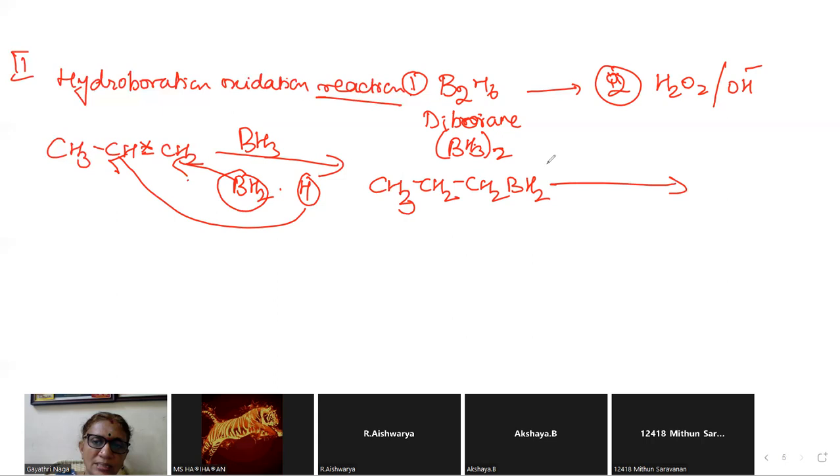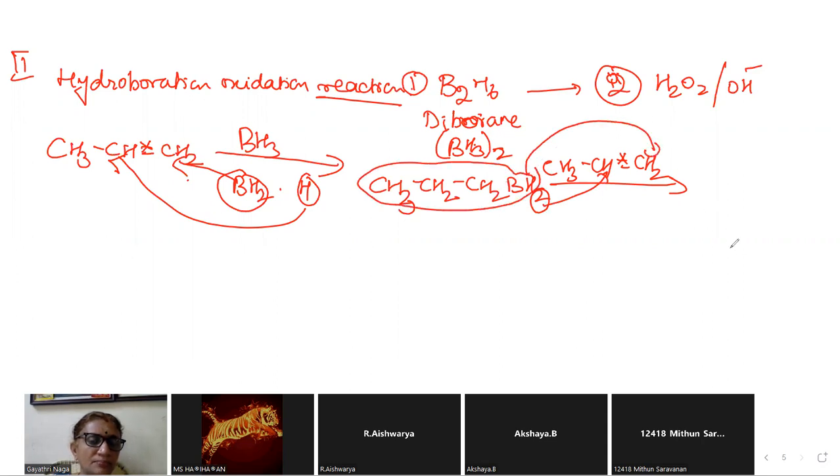Second step, what happens? Write one more alkene, the same alkene. Now you remove the double bond as usual, remove one H from here and connect it here, and this entire part you connect to this carbon. As a result, from here you get one alkyl part, and from this, propene gets converted into a second alkyl part.